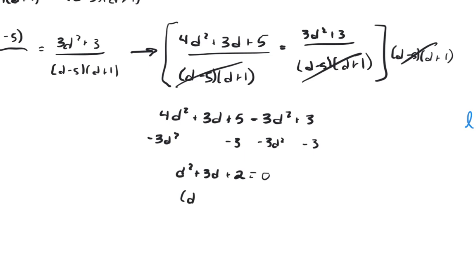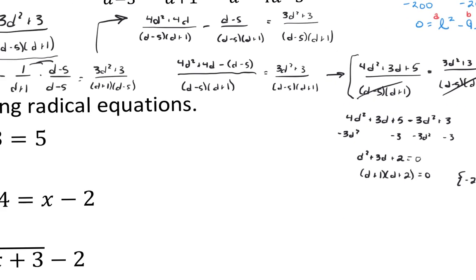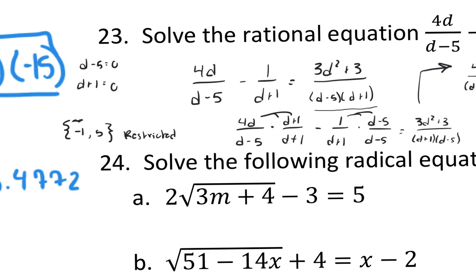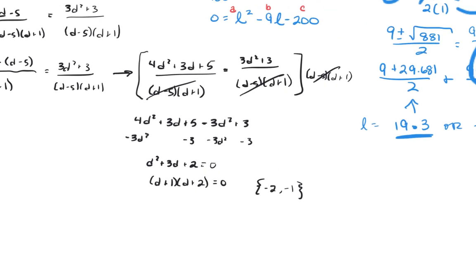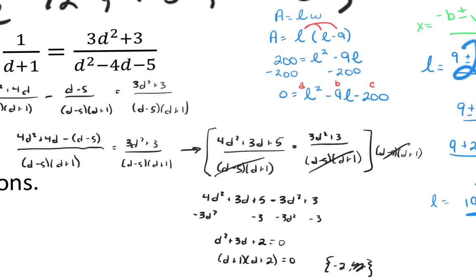So our solution is going to be (d plus 1)(d plus 2) is equal to 0, which gives the solution set -2, -1. Now, if you'll remember from earlier, we already said -1 was not a possible solution. That was a restricted value. So that is going to be removed from our solution set. What we're going to end up with is d equals -2.